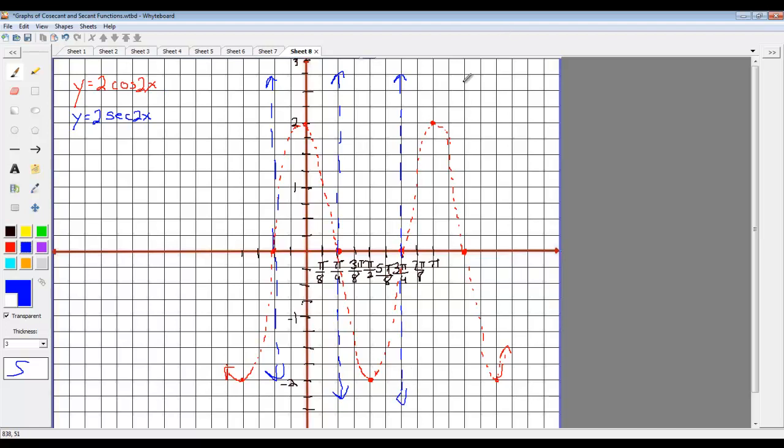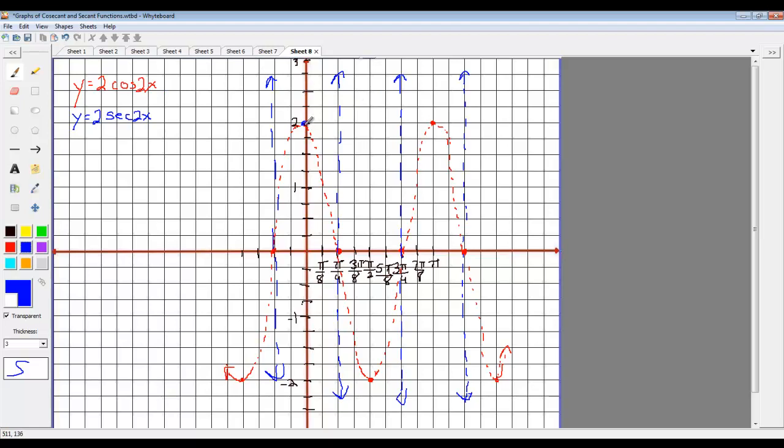You could keep going for as long as they tell you. Sometimes they specify what interval to do this over. Other times they'll specify, start here and do this many of them. So just go as far as they tell you to go, whatever interval or whatnot.